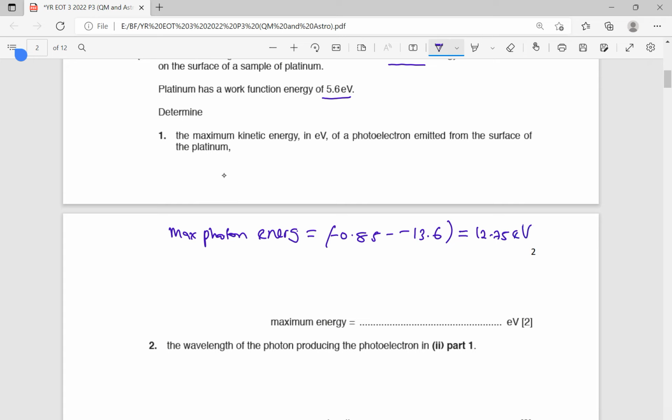That is the maximum photon energy, but it's not the maximum kinetic energy. Remember, from Einstein's equation, the energy of the photon is equal to the work function plus the maximum kinetic energy.